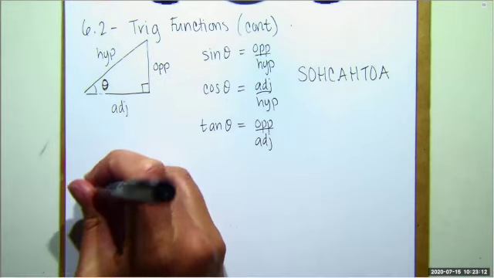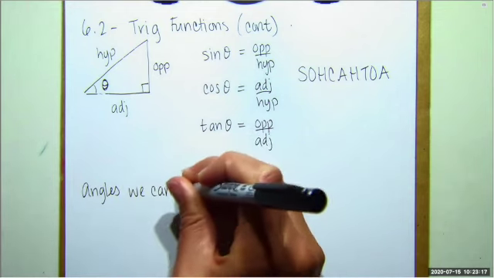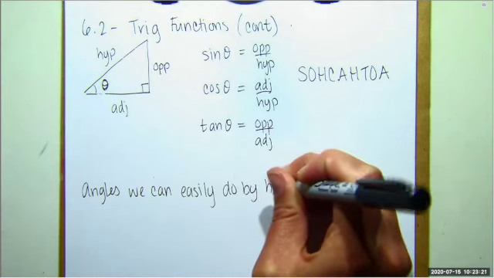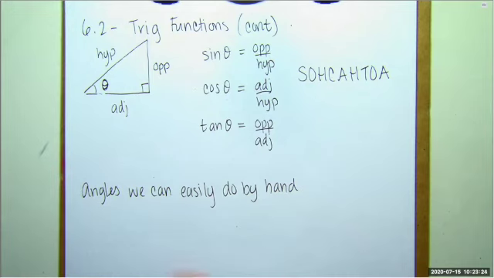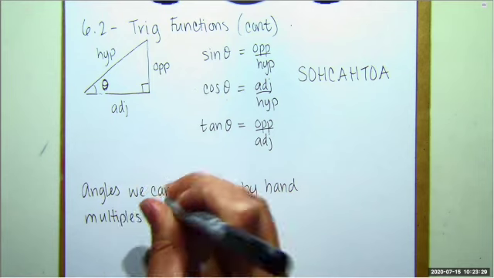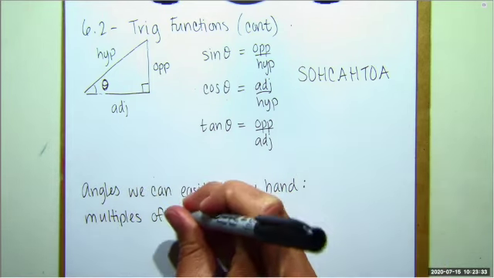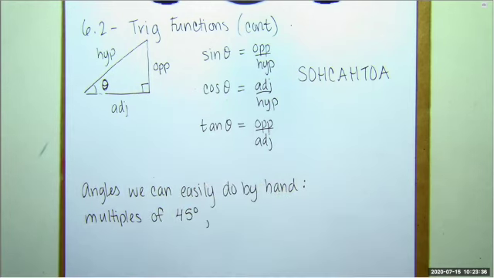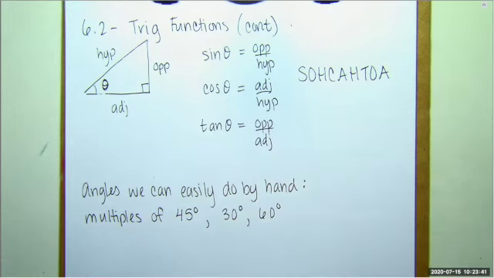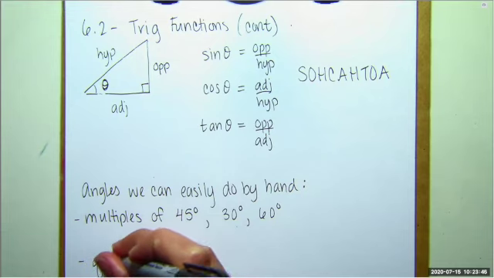So angles we can easily do by hand are going to be multiples of 45 degrees, 30 degrees, 60 degrees, and our quadrantal angles.